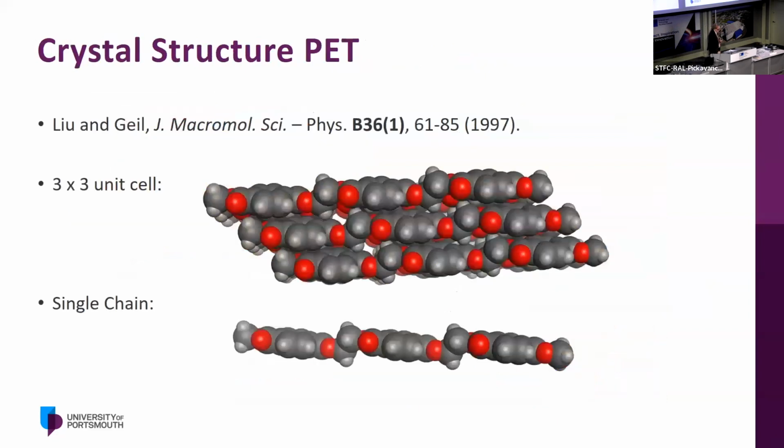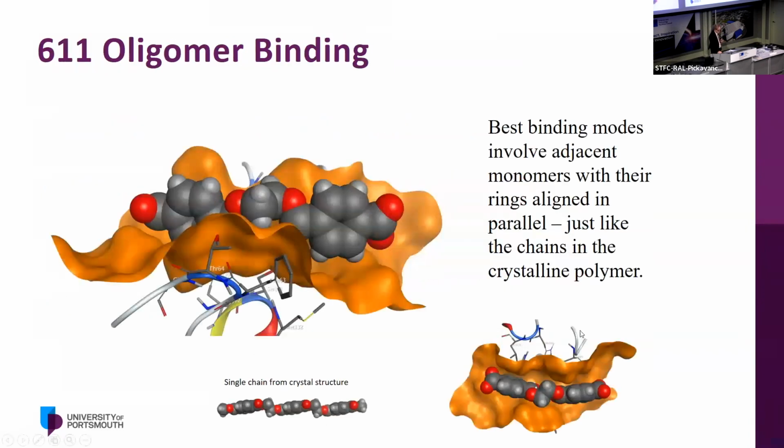But if we think about the crystal structure of PET, look at how those chains are orientated. If we take a single chain, we can see that those rings are orientated in the same direction. In fact, that looks, of course, very like how it looks inside enzyme 611 when you look down from the top.